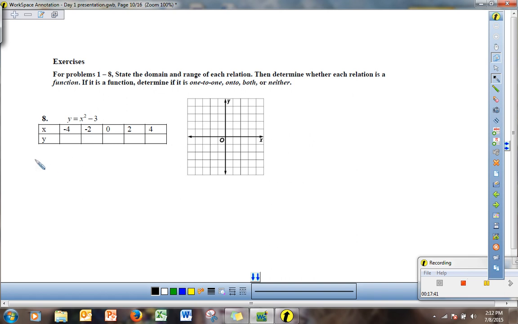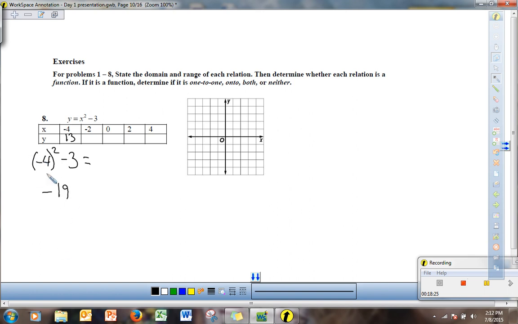The correct way to type this in for most of you will be parentheses, plug that -4 in parentheses, close your parentheses, square it, minus 3. You might grab your calculator and type that in. You should get 13. If your calculator gives you -19, you for sure have to put that in parentheses.